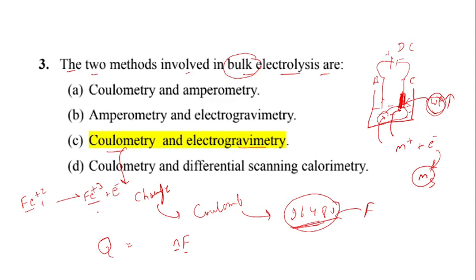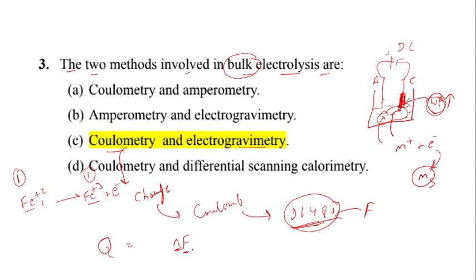So to convert 1 mole of ferrous iron into ferric iron, 1 mole of electrons will be required. So n represents how many moles of electrons are required.